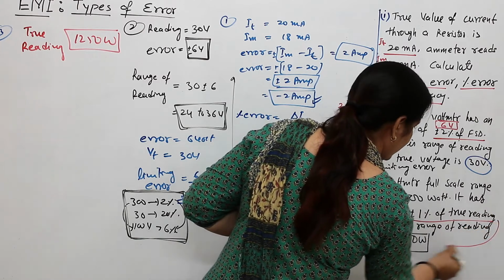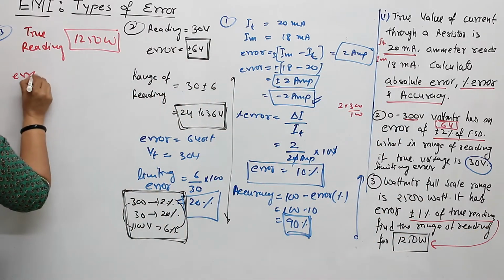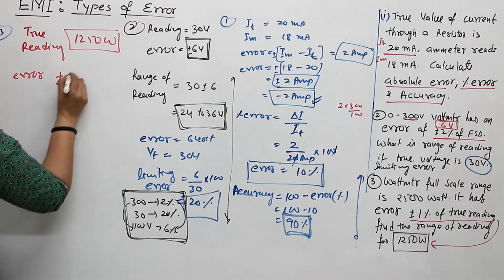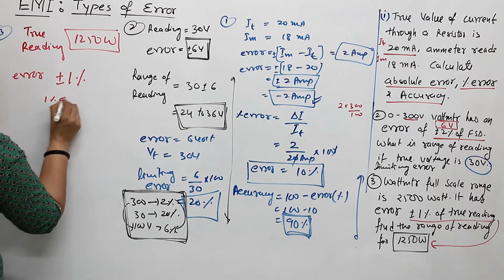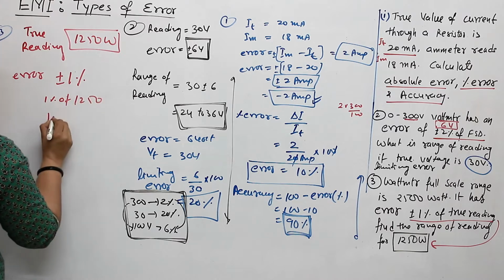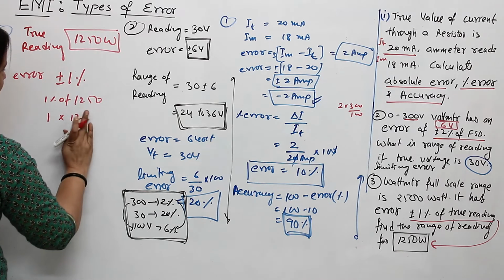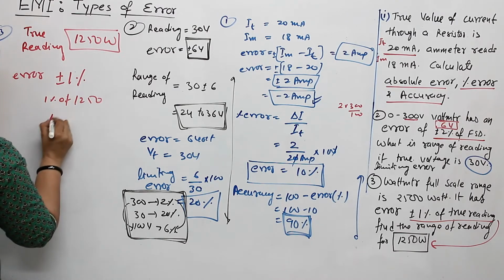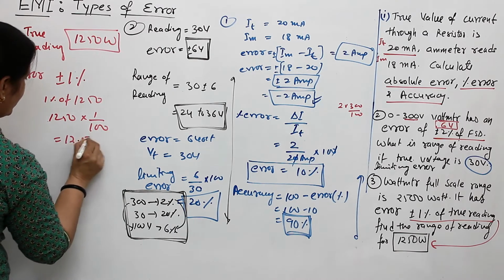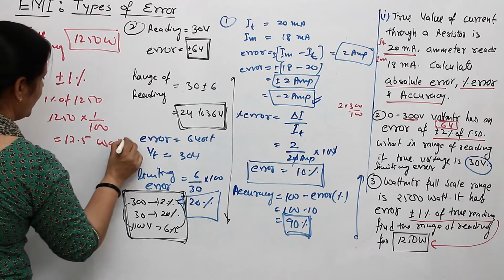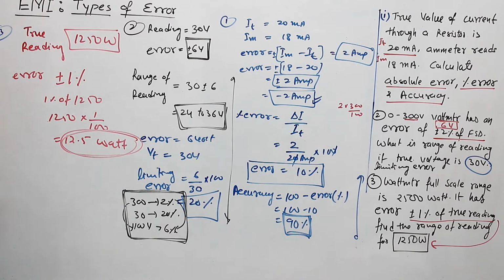So we are concerned only about this value. 1% of 1250: 1250 into 1 by 100 will be 12.5 watt. So 12.5 watt error will be there.